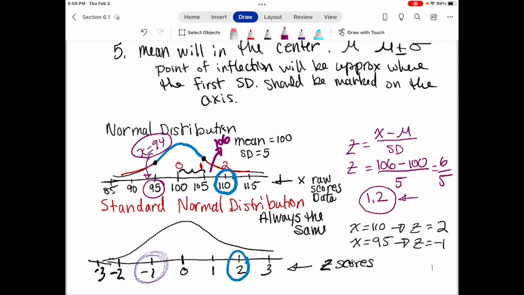So if we do that again for x is 94, let me erase, and we're going to do it again. Now, if I put in x is 94, I take 94 minus 100. That gives me -6 over 5, which is -1.2.